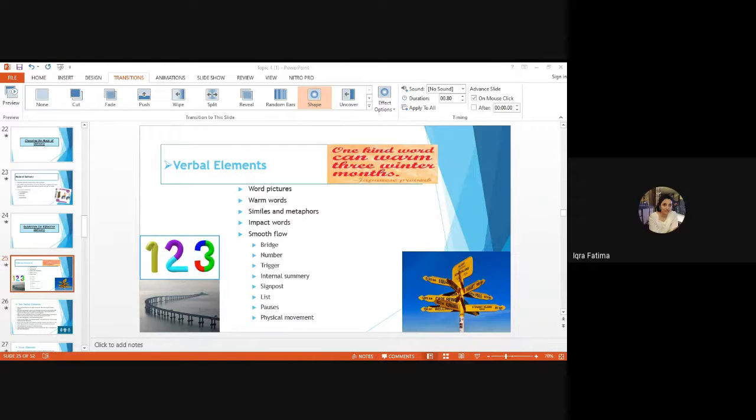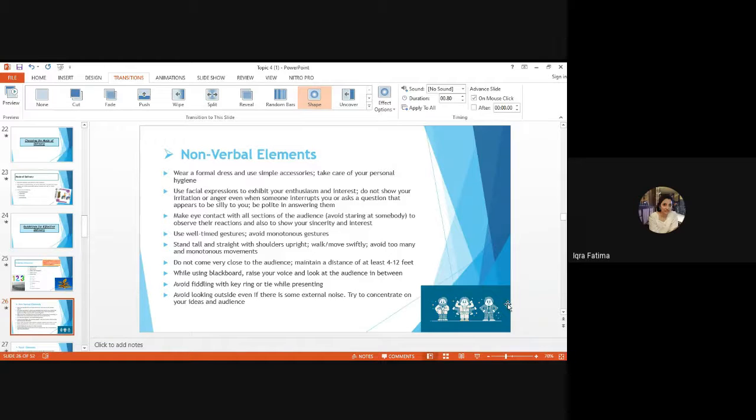Yes, there should be a proper movement of hands, and there should be a straight posture. So all these things you already know, because we have discussed non-verbal communication a lot. All these things are written here. First line: wear a formal dress, and avoid wearing too many accessories, keep them simple.